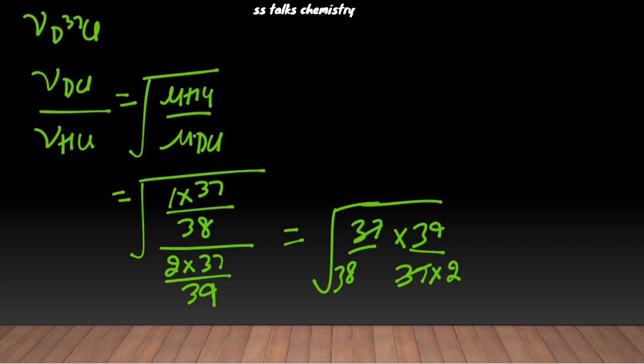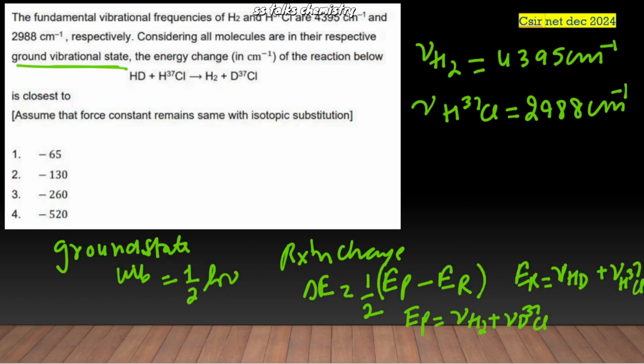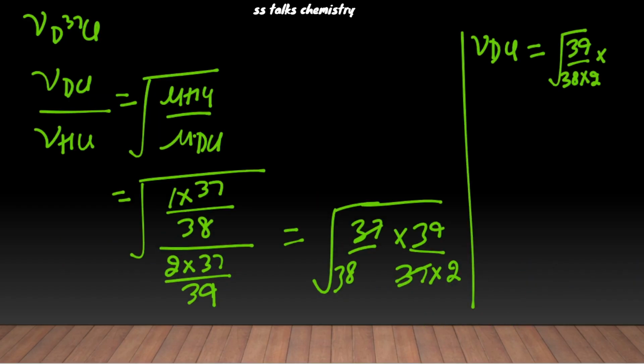So this 37 and 37 get cancelled. This multiplied with the stretching frequency of the HCl gives the DCl value: 39 upon 38 into 2 into the stretching frequency of HCl, that is 2988. Solving this, you will get 2140.12 centimeter inverse.